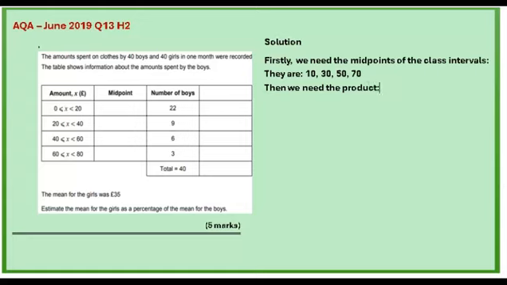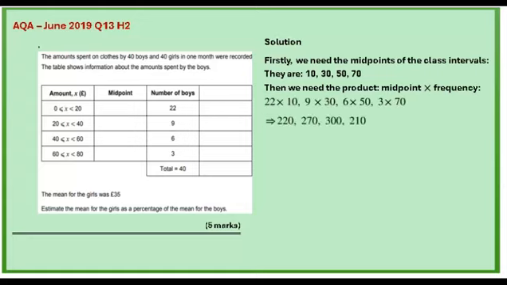So we first multiply 22 times 10, and then we multiply 9 times 30, 6 times 50, and 3 times 70, and we get 220, 270, 300, 210.